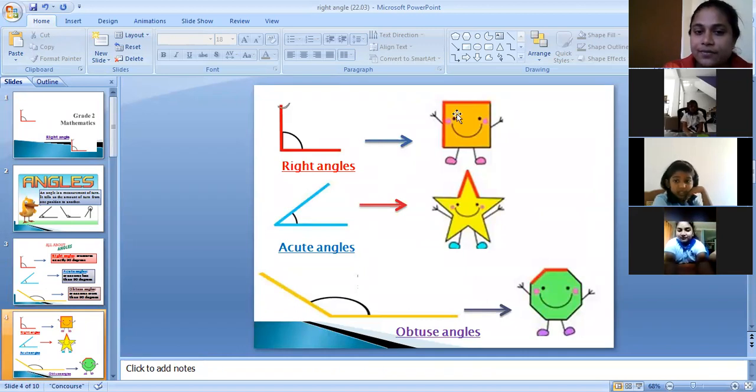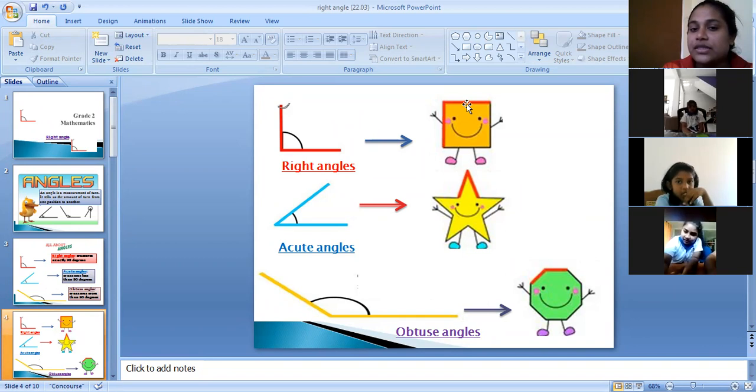Now look at this. You can see three angles and three shapes on my screen. First, go through this square. It has 4 sides and I have marked 2 sides in red.